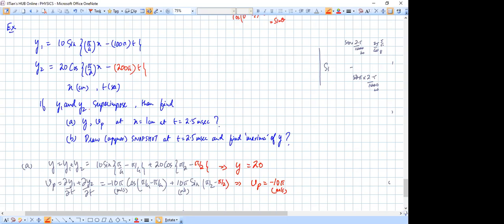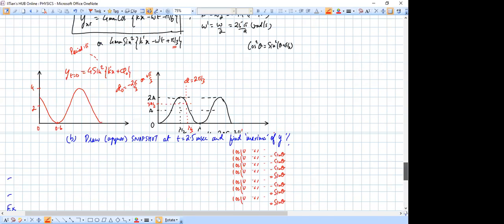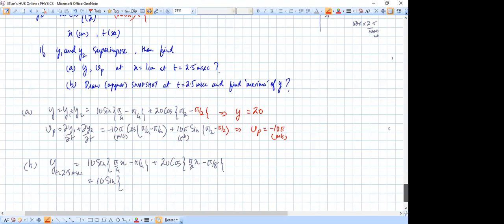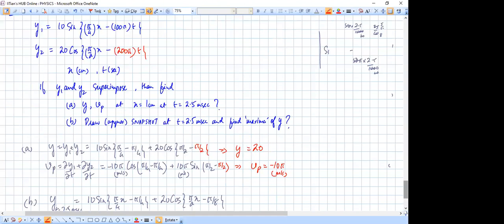Okay, and this minus 10 pi is coming in meters per second, assuming that this y is in centimeters, which I think I would have written earlier, right? Okay, so please make this correction, people.